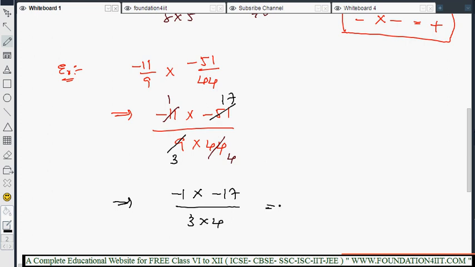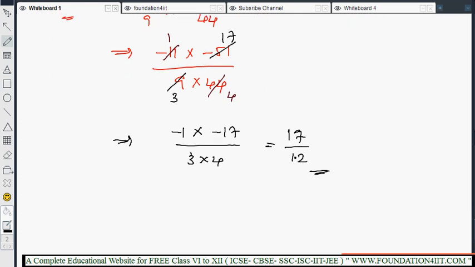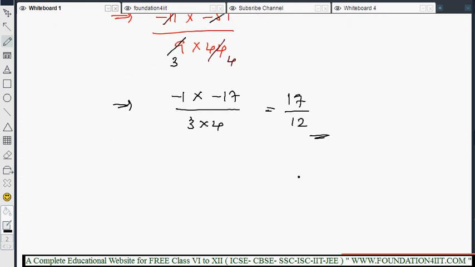After cancellations, write the rest. Minus into minus is plus, 1 into 17 is 17 by 3 fours are 12. So 17 by 12 is the multiplication of minus 11 by 9 into minus 51 by 44. This is the way we'll follow.